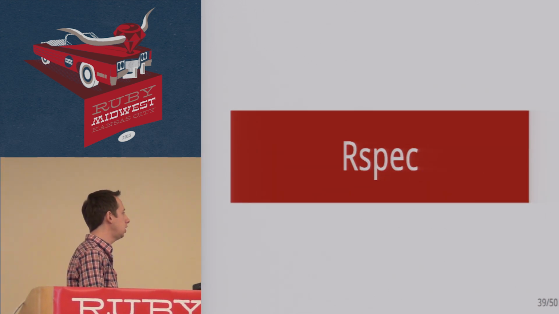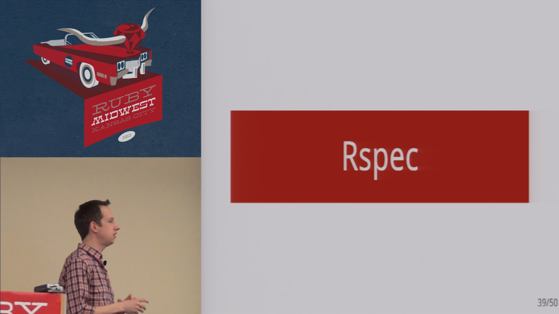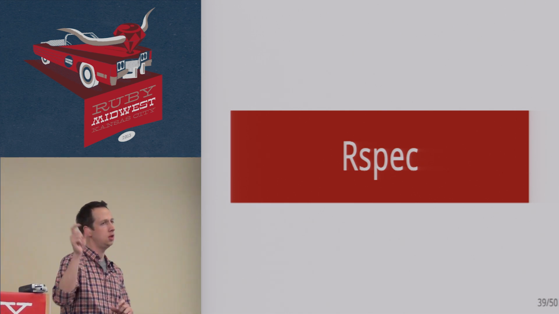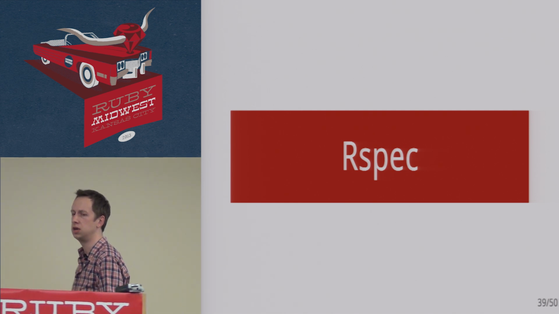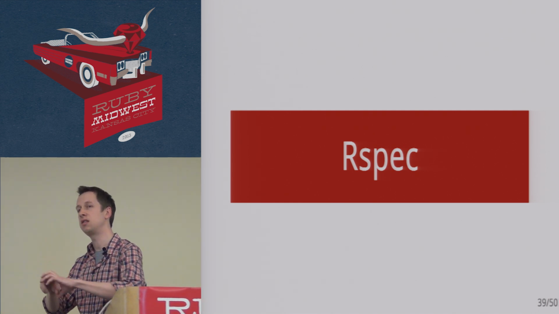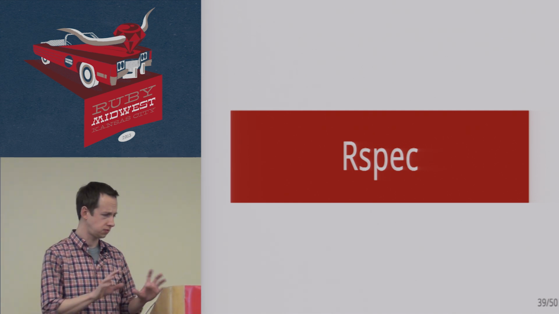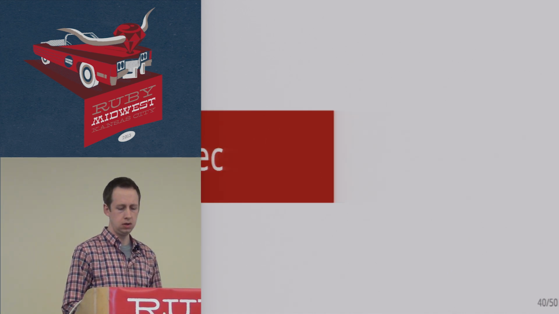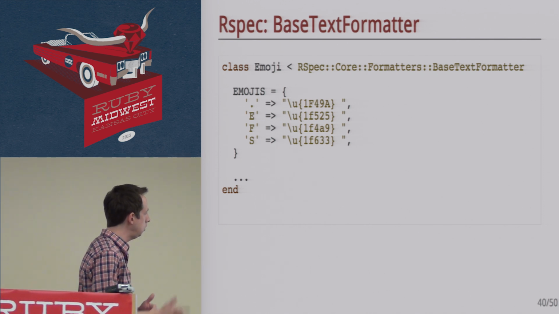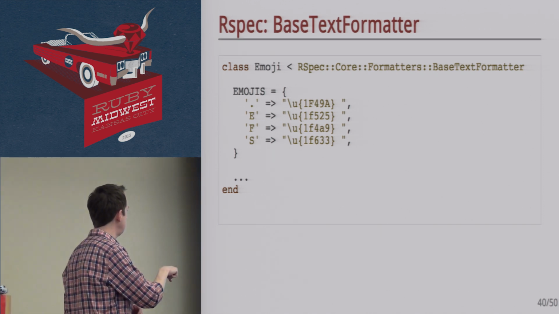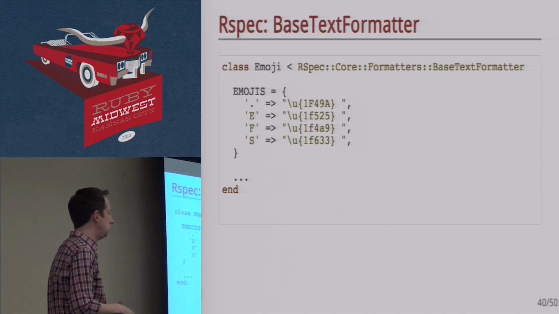Okay, so moving on to RSpec. RSpec gives us a little bit better framework to use to build our own test reporter. Again, RSpec uses text formatter, so it might be a little confusing here because all we do is simply create a new class and we inherit from BaseTextFormatter.